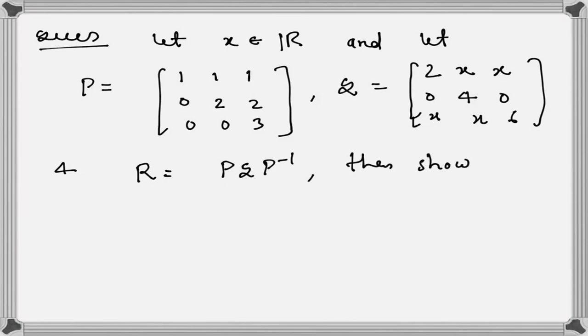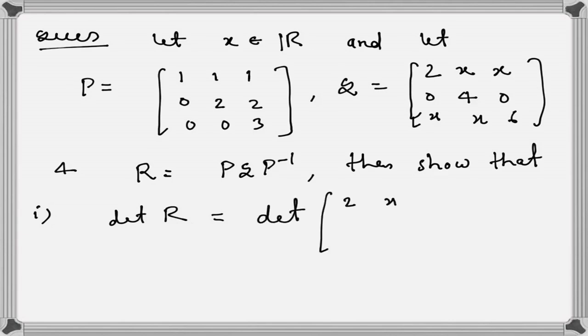Then show that, first part, determinant of R is equal to determinant of this matrix 2x x 0, 4 0 x x 5, plus 8.